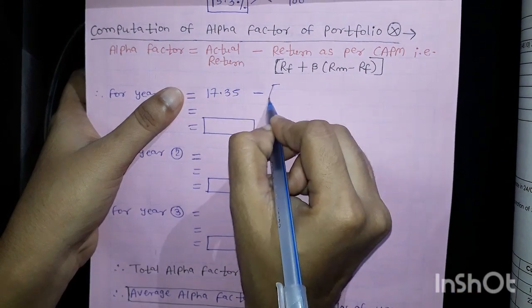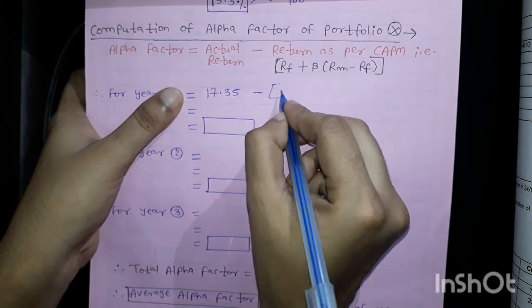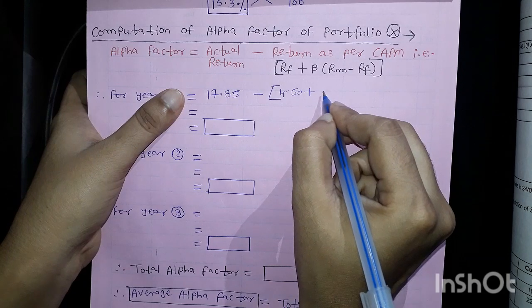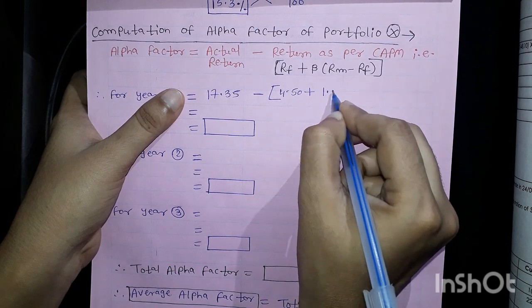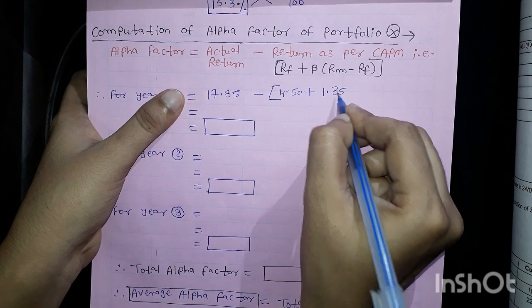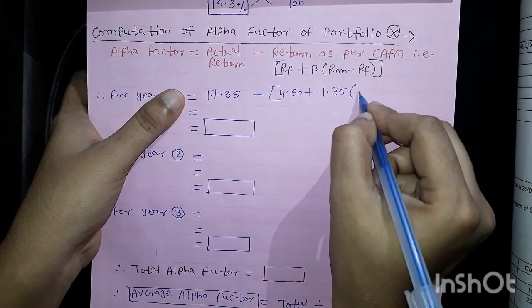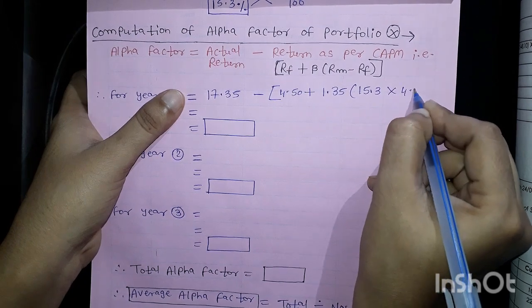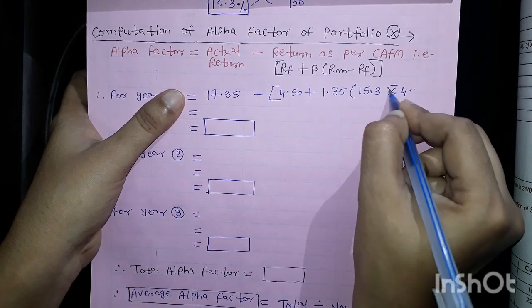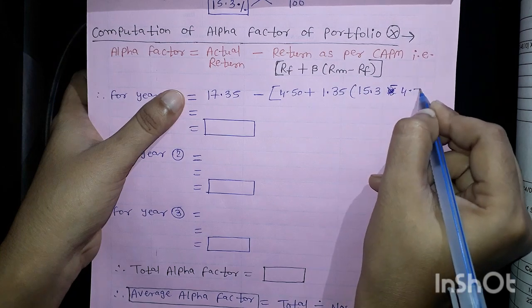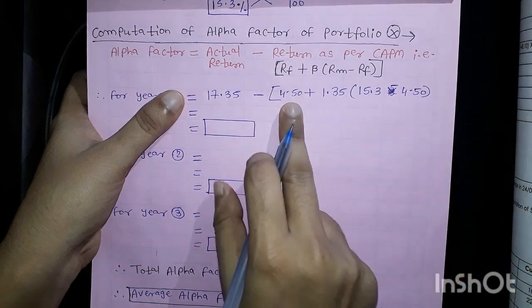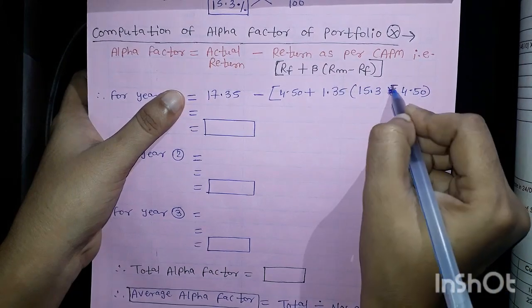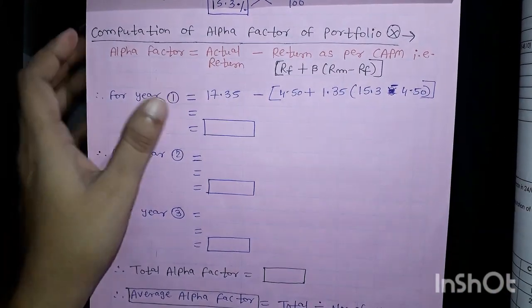RF is given in the question, 4.50, plus beta which is given in the question, 1.35, multiplied by (RM minus RF), RM is 15.3 minus RF 4.50.